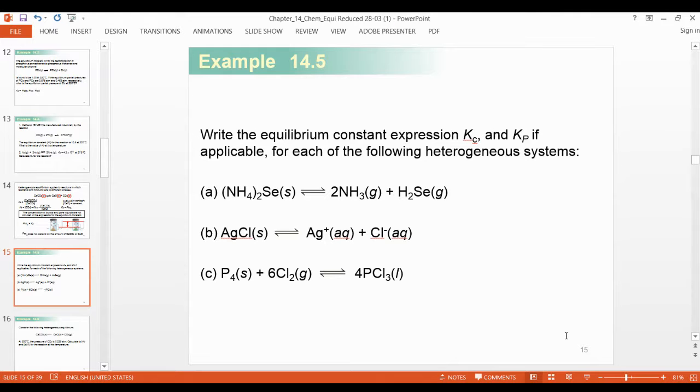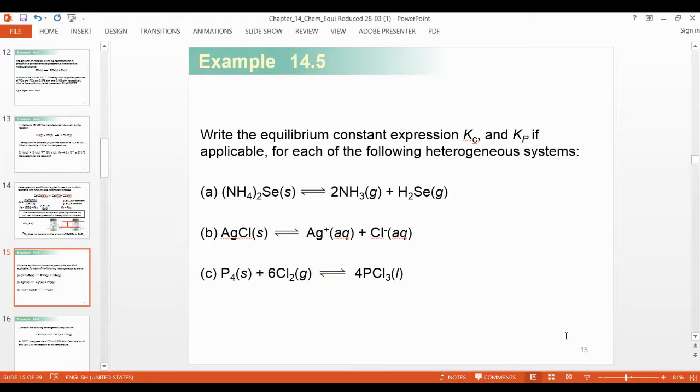Kc can be written for any chemical equation. But Kp is only written if pressure is there, or gas is there. Pressure means gas. Please note this down. Now these are the three examples I have, and you tell me where you write Kc and where you write Kp. Please tell me one by one.